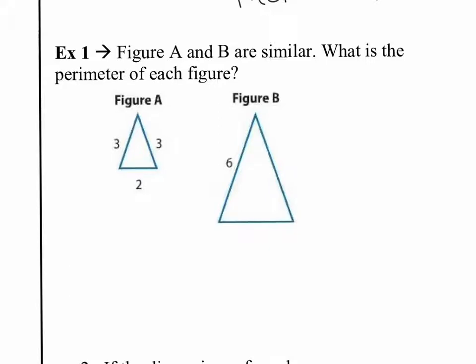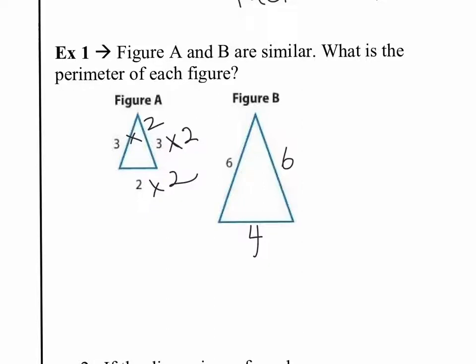Either multiply or divide to get to 6. That is correct. You multiply by 2. So if this side is 3, you multiply that by 2, then this side will be 6. And if the bottom is 2, multiplied by 2, the bottom would be 4.